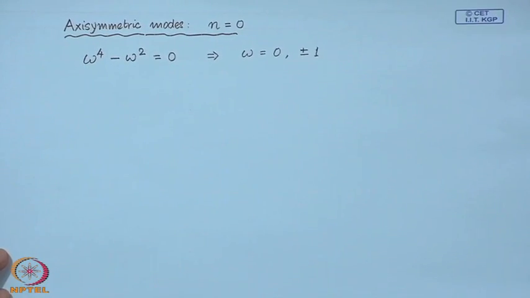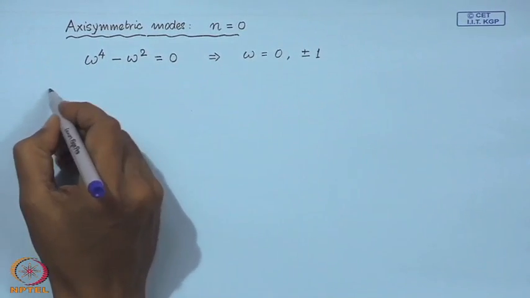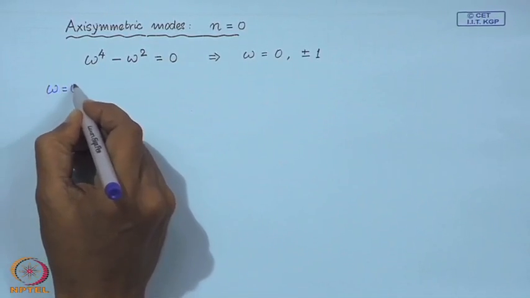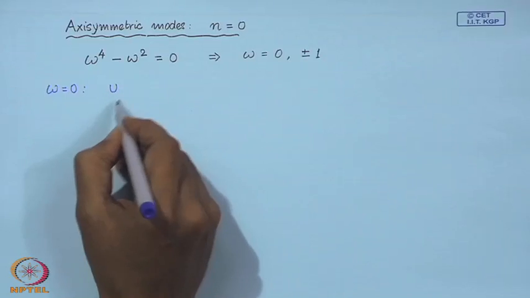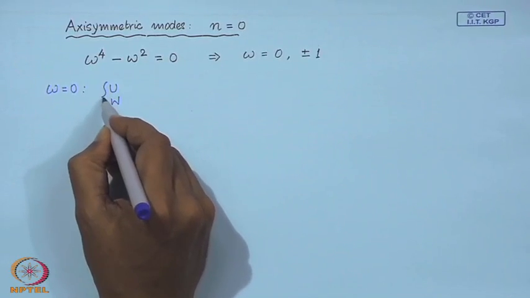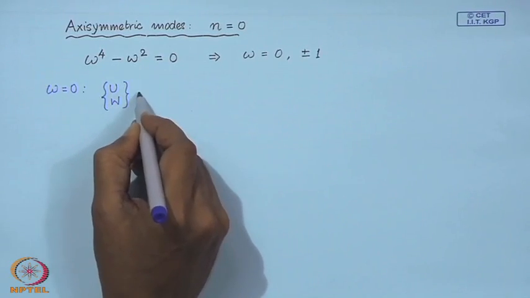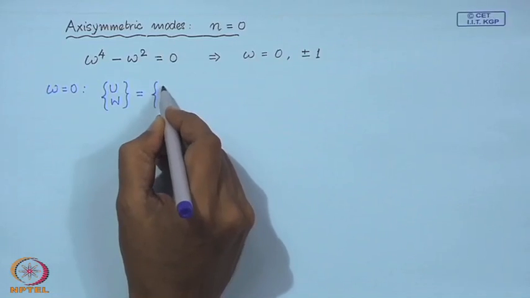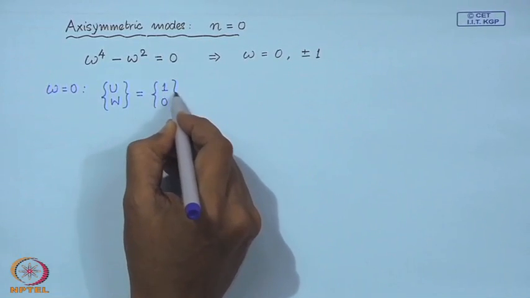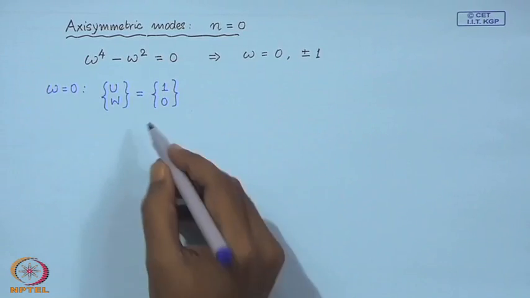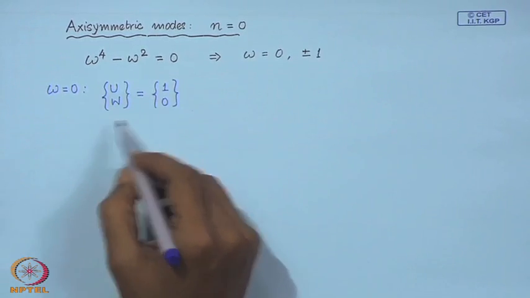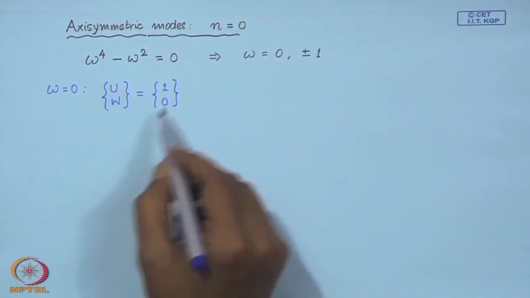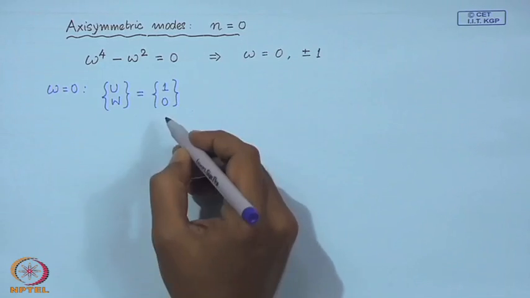The eigenvector corresponding to omega equal to 0 turns out to be, if you solve the matrix equation, u and w turn out to be 1 and 0.